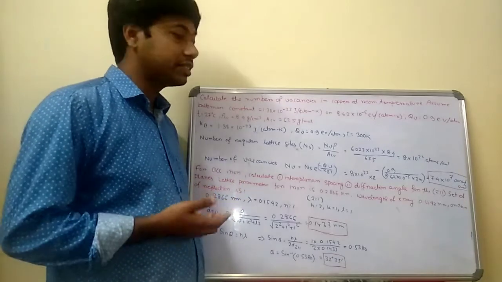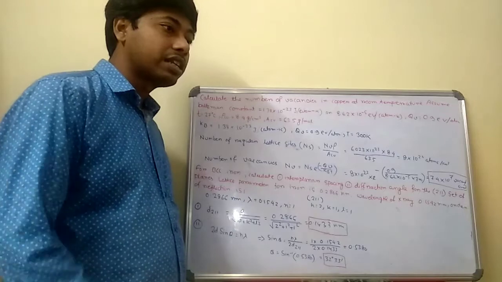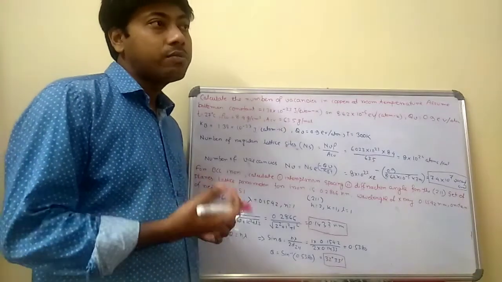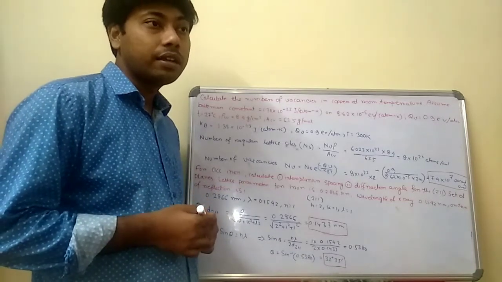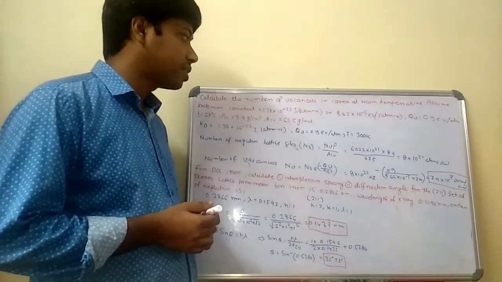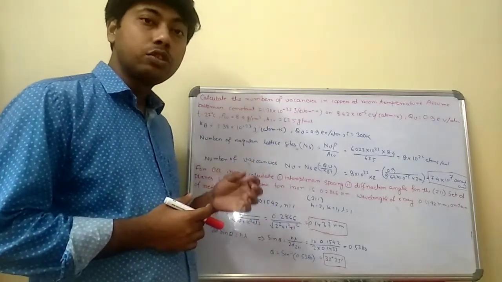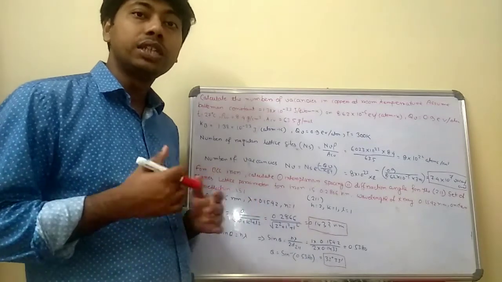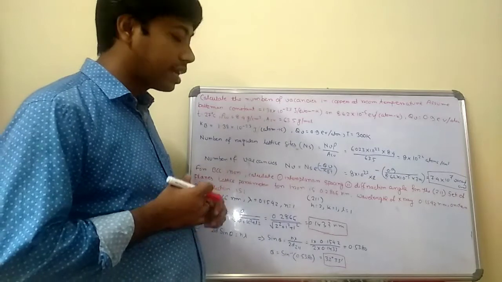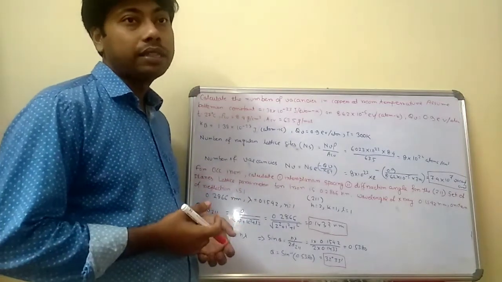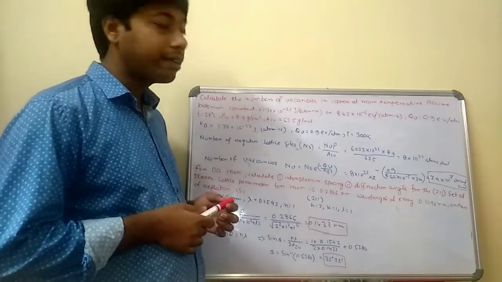to create a point defect or vacancy. As we know, in a regular crystal lattice structure, the number of atoms missing is NV. NV is equal to Ns e to the power minus QV by KB into T. NV is the number of vacancies that can be created by the applied activation energy, or thermal energy.